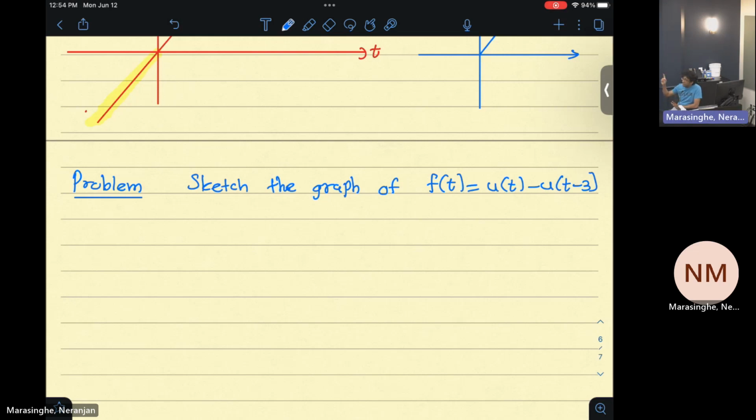First, can you sketch the graph of u(t minus 3)? And I'm checking, so try to sketch u(t minus 3). u(t) is the standard graph. When t is positive, u(t) equals 1, and when t is negative, u(t) equals 0. Use that idea to sketch u(t minus 3). I'm going to check your answers after 2 minutes.